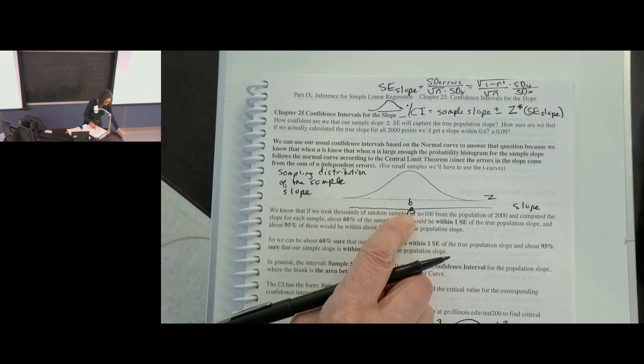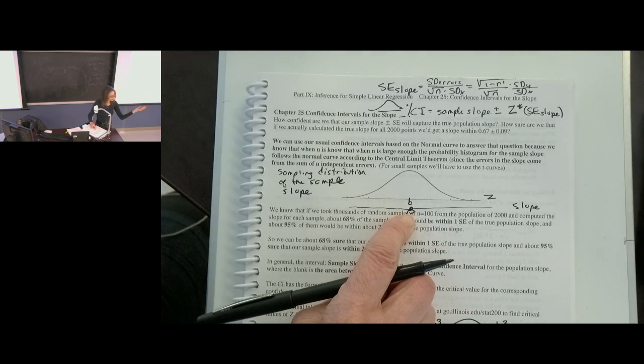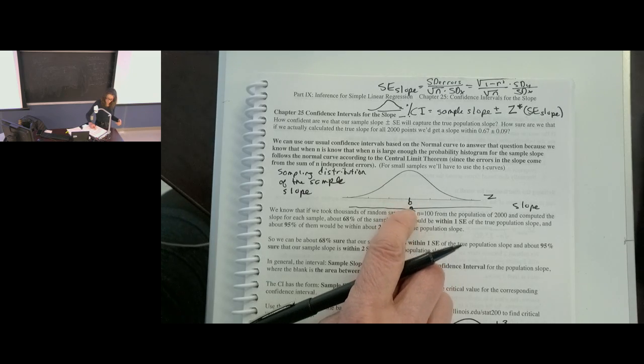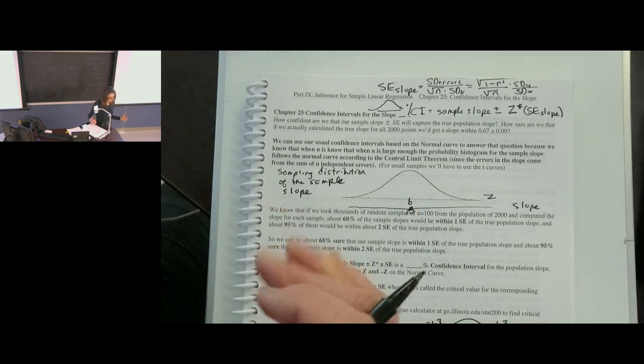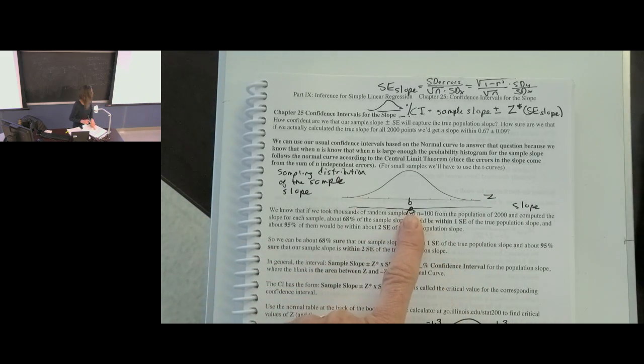If we sample from a population and get these different regression slopes, and did that over and over again, our sampling distribution would be centered right here at beta, the true population slope.